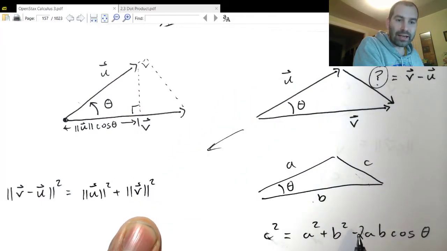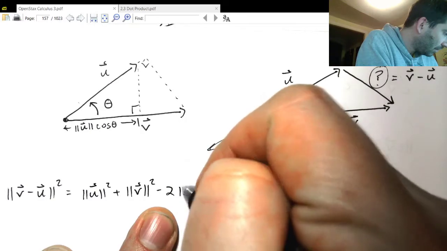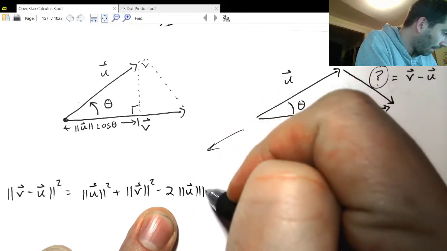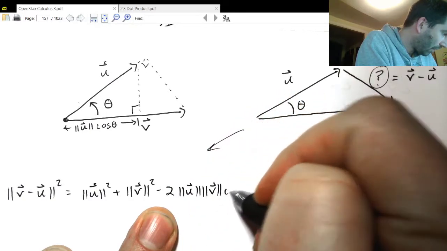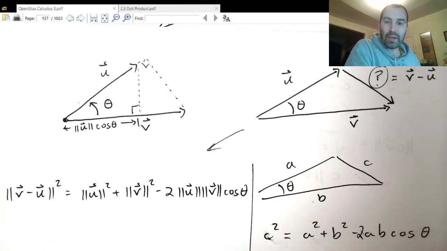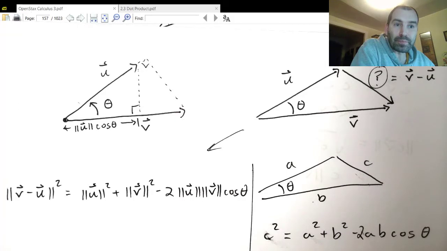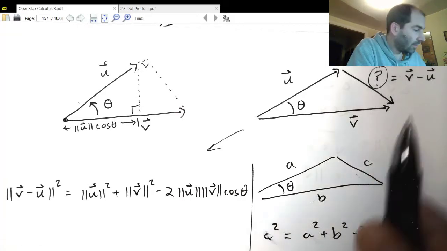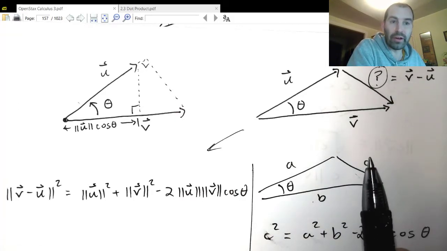And then I'm going to subtract twice the magnitude of u times the magnitude of v times the cosine of theta. Running out of space. Okay, just squeezing it in there. So that is a formula for this magnitude squared.